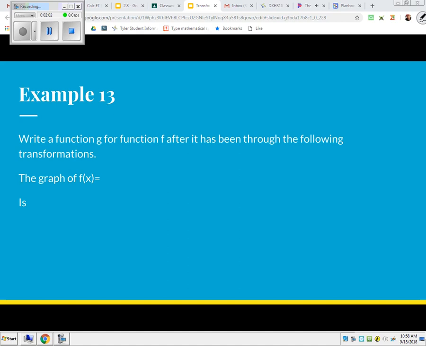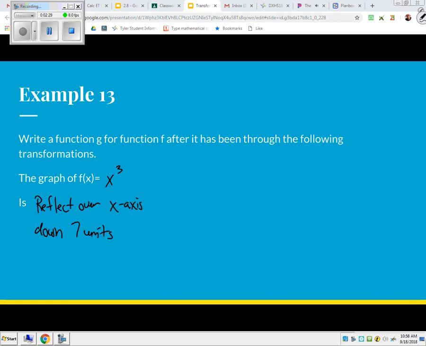You beat you. So cubic function. Let's see. What all do we want to do with the cubic function? Let's reflect over the x-axis. Let's go down 7 units.